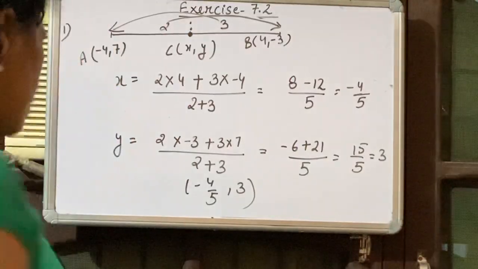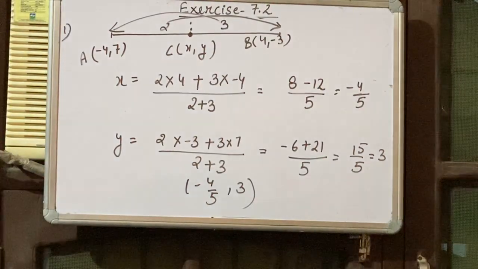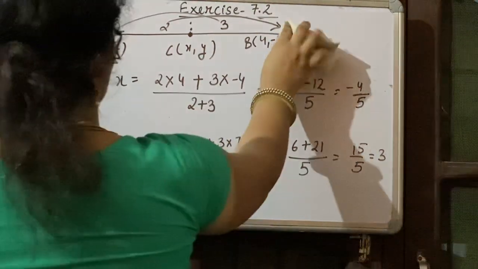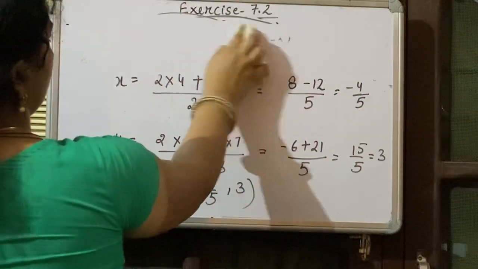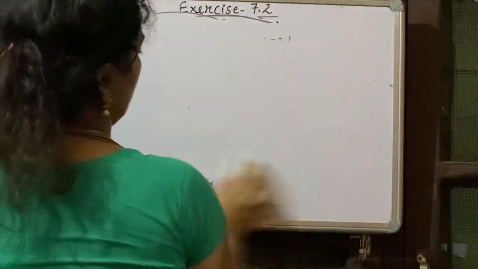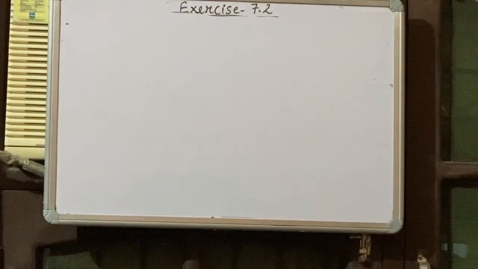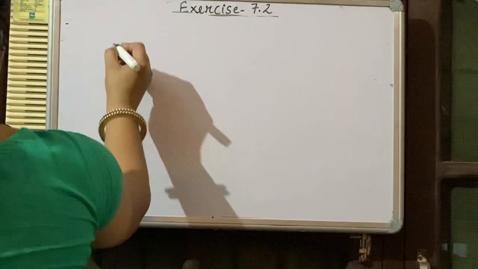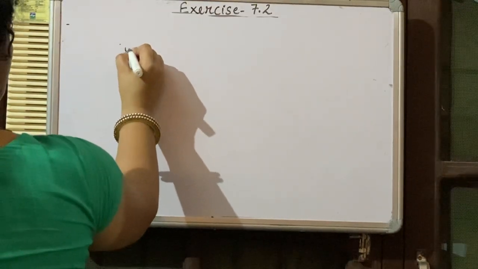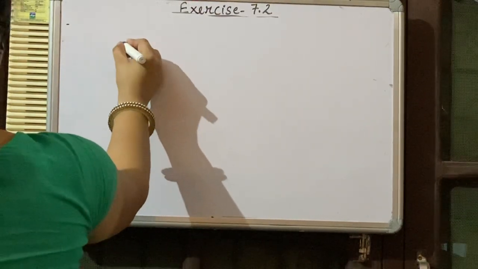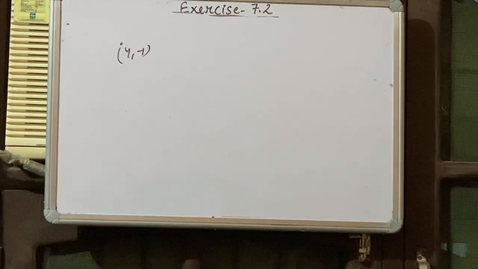Now we will start question number two. In the second question, the ratio is not given, but you are given a word, that is trisection. Trisection means 3 parts. First of all, 2 points are given, that is 4 and minus 1, and another point is minus 2 minus 3.